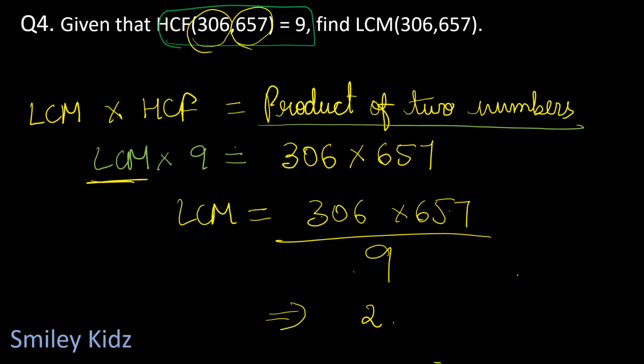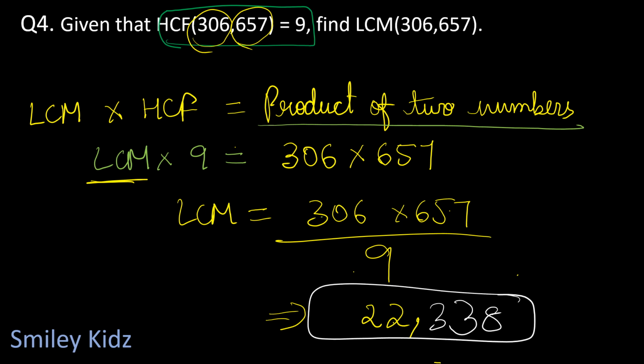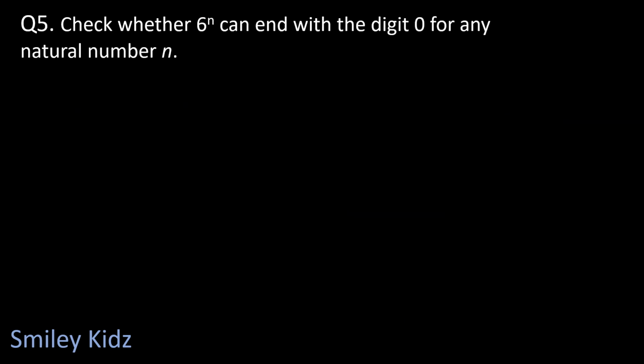It is 22,338. Therefore, the LCM of 306 and 657 is 22,338. As simple as that. Then we have the fifth one, which says, check whether 6 to the power of n can end with the digit 0 for any natural number n.